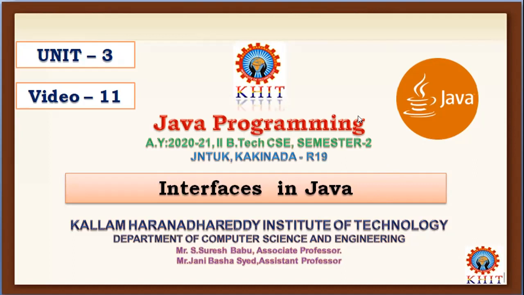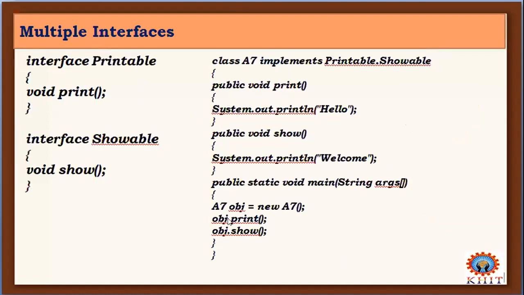So here we'll try to use multiple interfaces. This example will tell you about multiple interfaces. Two interfaces are used in this particular slide: the interface Printable and the interface Showable. In the Printable interface, we have a method called print, and in the Showable interface, we have a method called show.